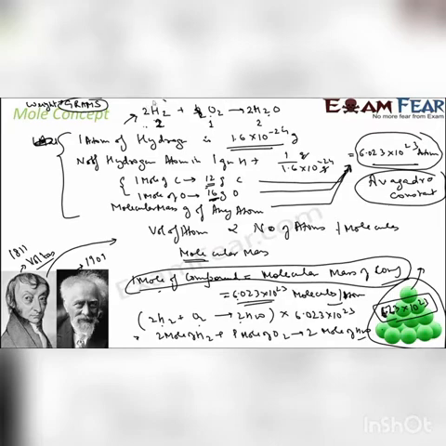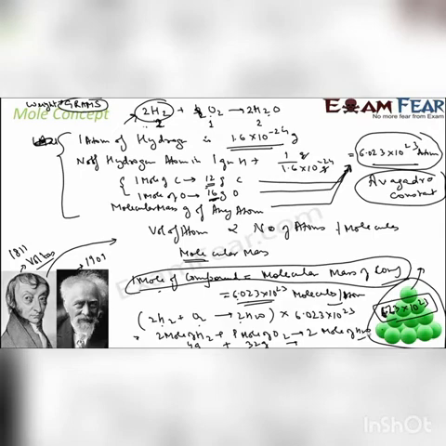So if you see, from the molecule view, we are now in the mole view. 2 mole of hydrogen will react with 1 mole of oxygen to give 2 mole of water. Since we are in the mole, we can easily write the grams. 2 mole of hydrogen is nothing but 4 grams of hydrogen. 1 mole of oxygen is nothing but 32 grams of oxygen.